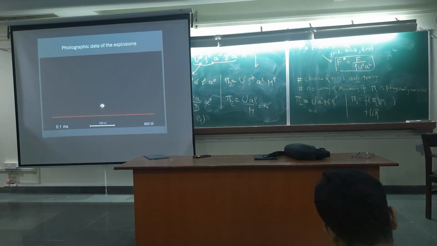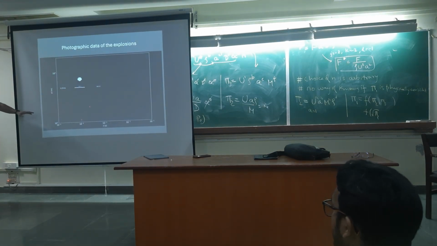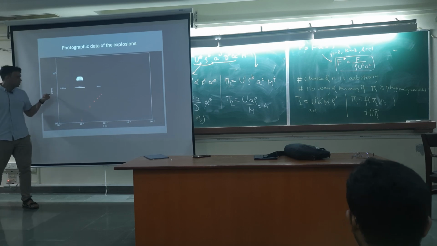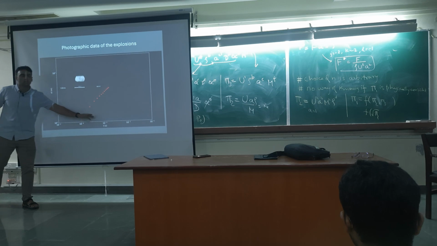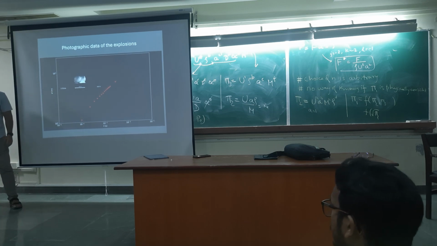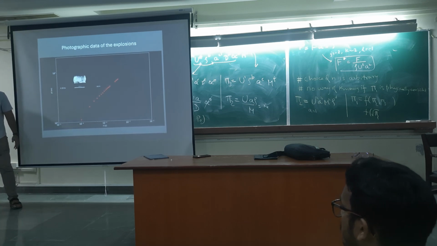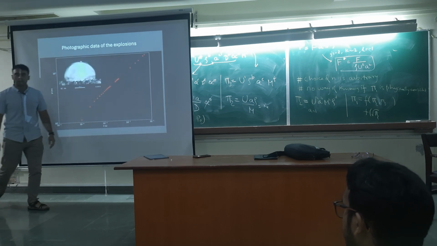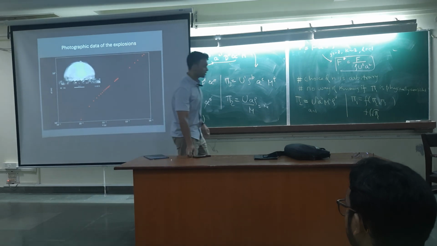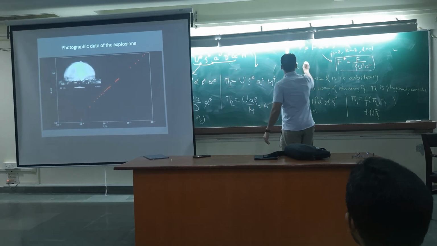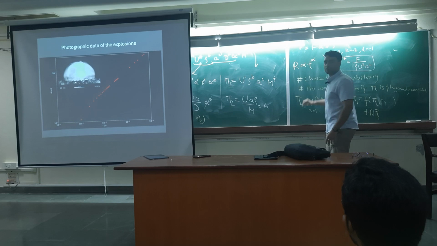So he looked at the images. This was the blast, and this is the radius of the blast against time, but these are on a log scale. Do you know the advantage of a log scale? Let's say radius is proportional to time to some power alpha.